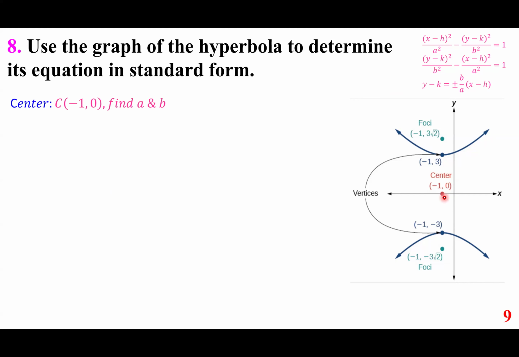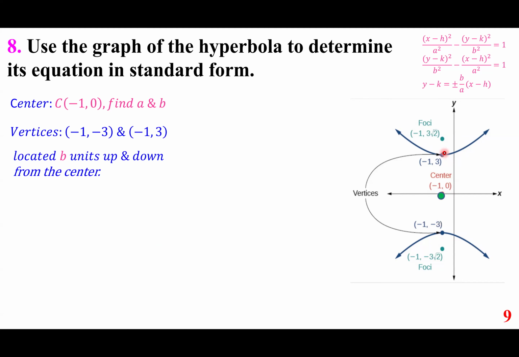We want to find a and b. So where are the vertices? This is the center. The vertices are located at (negative 1, 3) and (negative 1, negative 3), which means b units up and down.